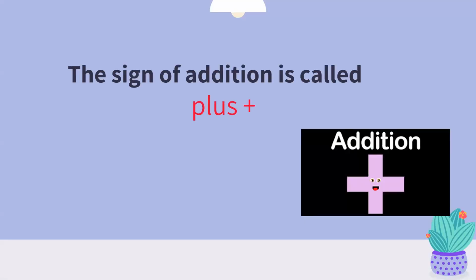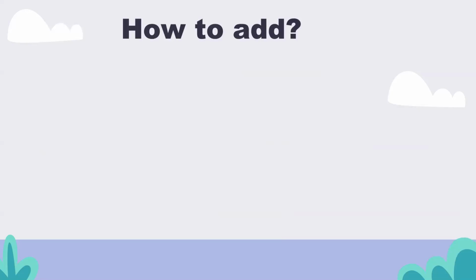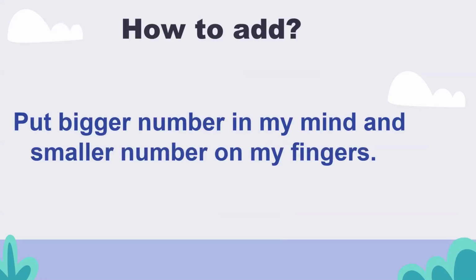We will have the addition sign, which we call plus. So how can we add? By putting the bigger number in my mind and the smallest number in my fingers.